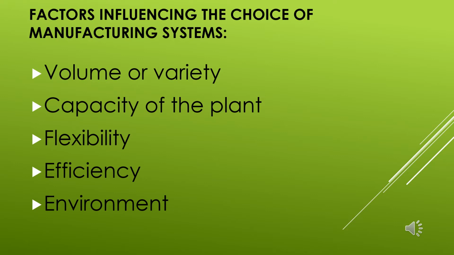Coming back to the third factor that helps the organization select the manufacturing system, it is flexibility. Flexibility implies the ability of the company to satisfy varied customer requirements. Flexibility and product variety are very interrelated.